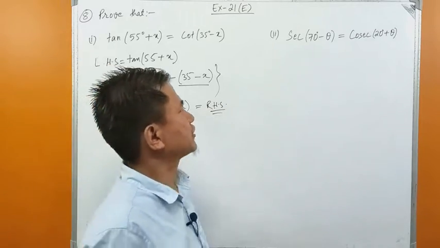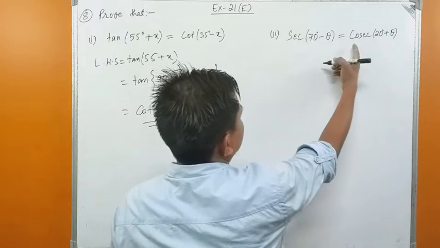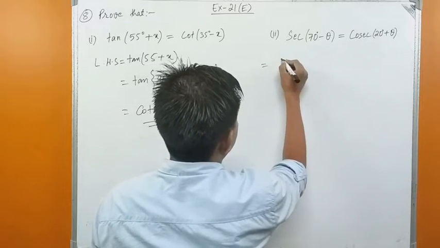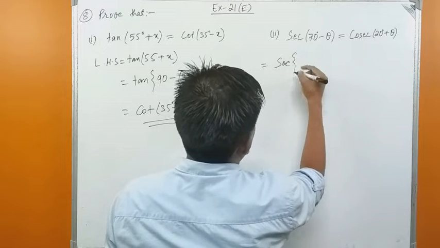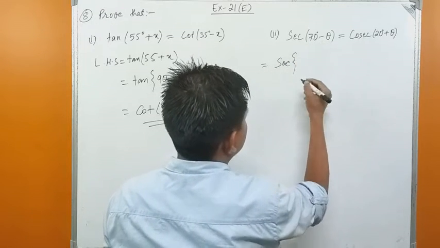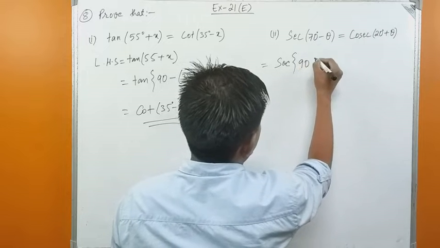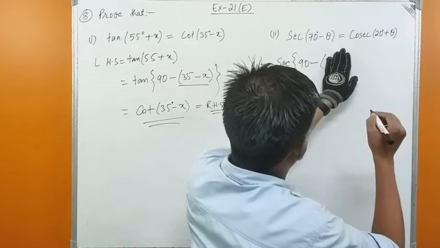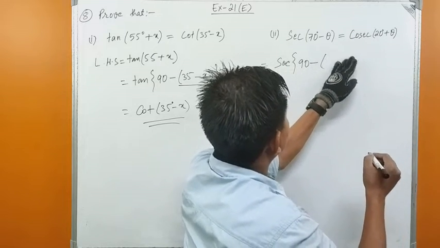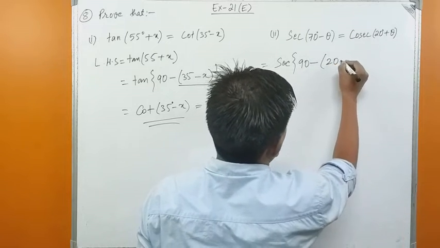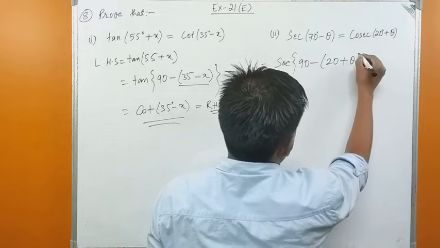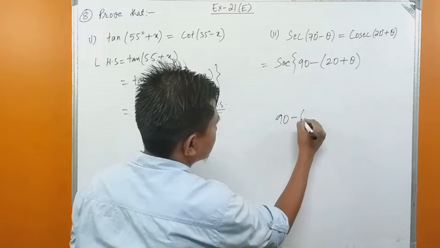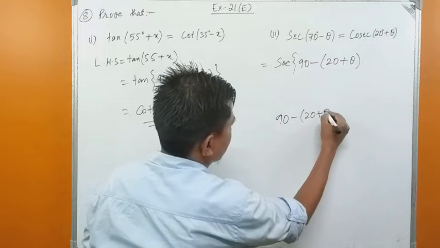Now let us do this question. Sec (70 minus theta) equals cosec (20 plus theta). Now we do the same thing here. Sec (70 minus theta), isn't it? This 70 means 90 minus 20. I'll explain this here. 90 minus within the bracket (20 plus theta), isn't it?